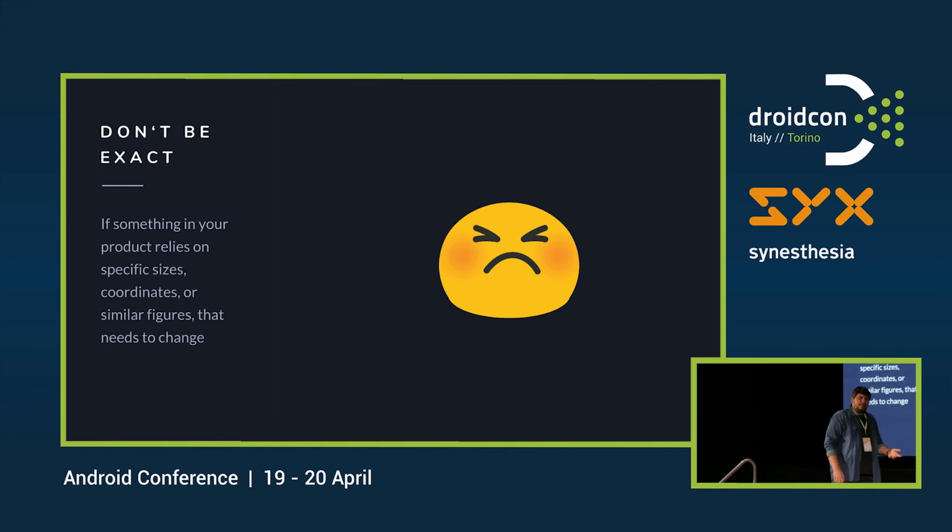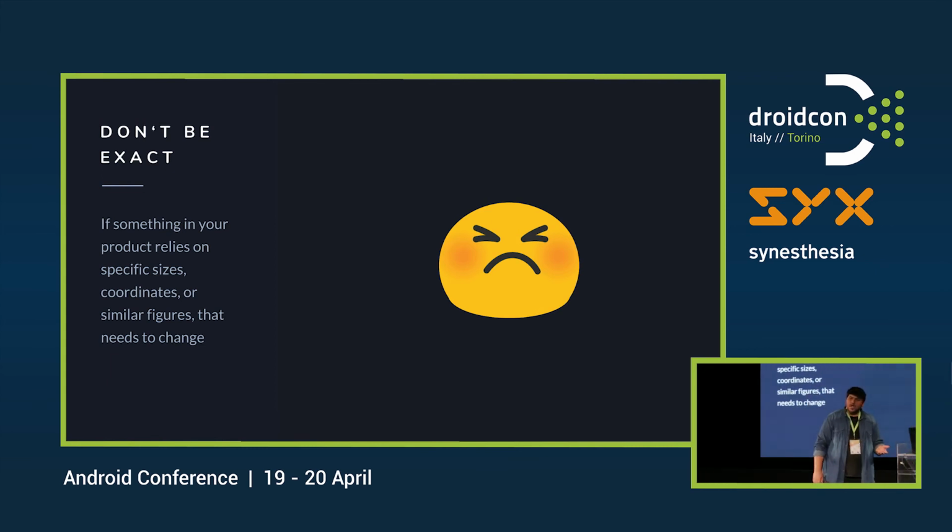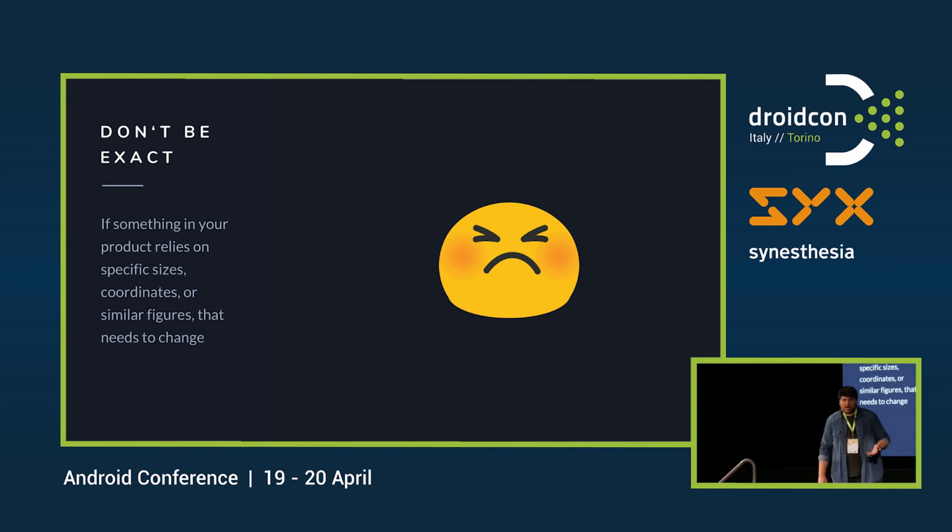But that was all. It was exact. It had no way to adapt to a lesser scenario. Even using something like the isLowRamDevice API call, something as simple as that, can help us adapt our product and our animations in this case to be more inclusive to users who have lower end devices.